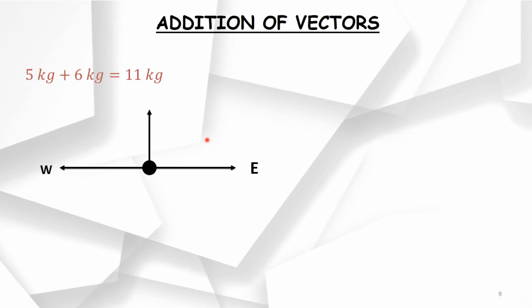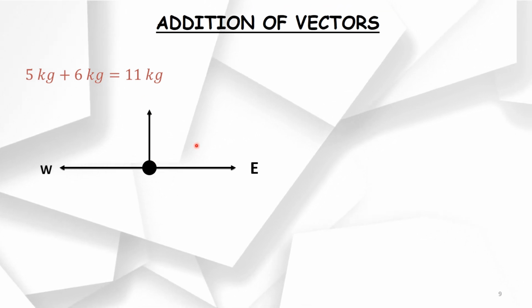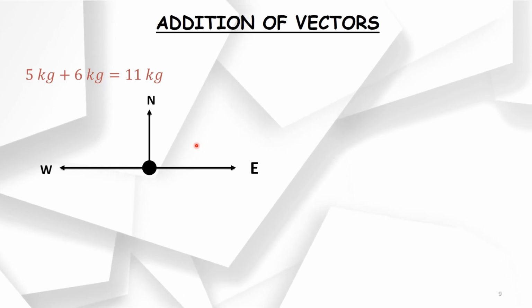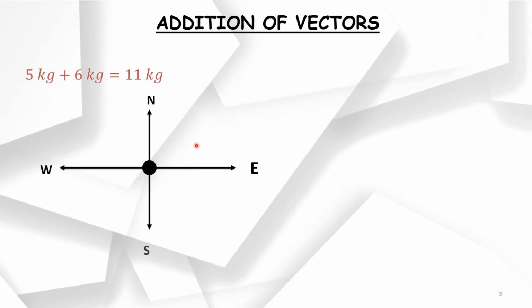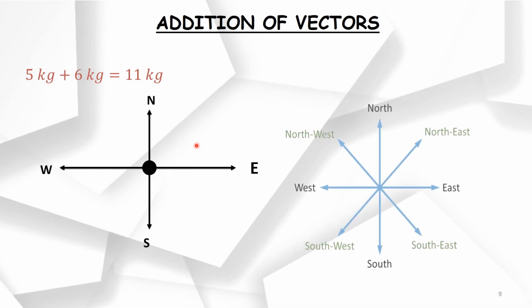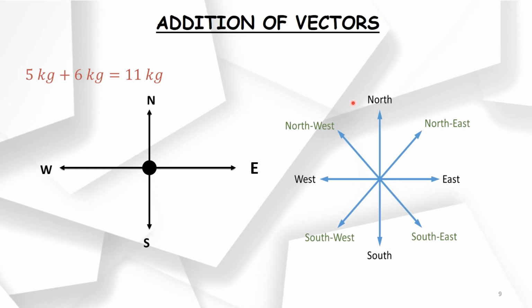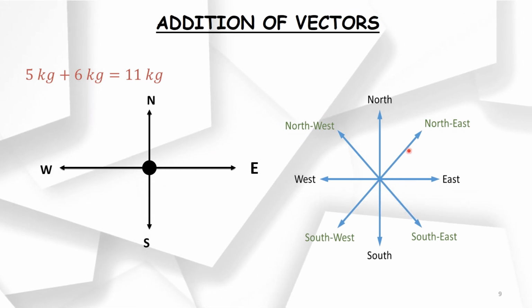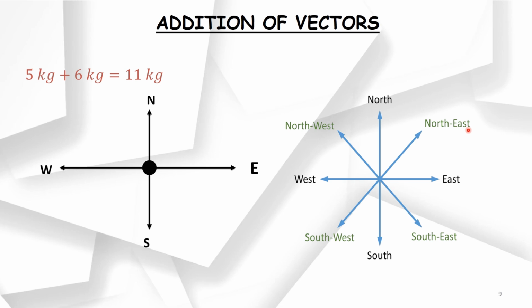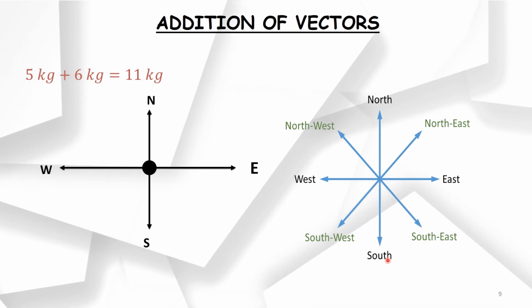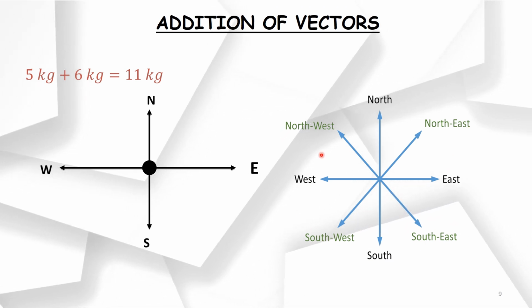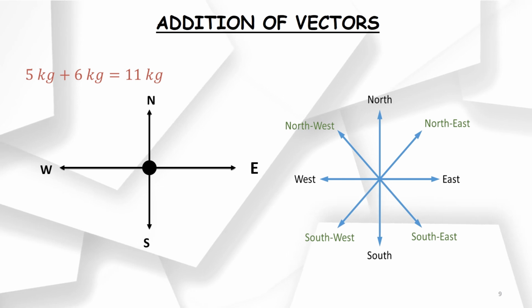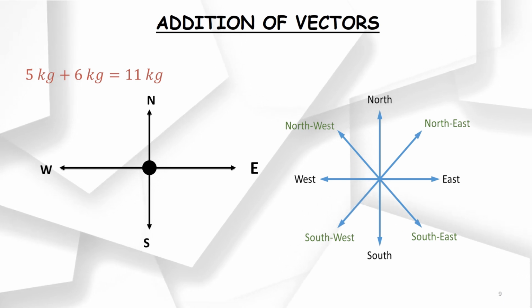Similarly, the positive y-axis upward is north and the negative y-axis is south. Here you can see from this diagram, the direction in between north and east is known as northeast, and similarly southeast, southwest, and northwest.